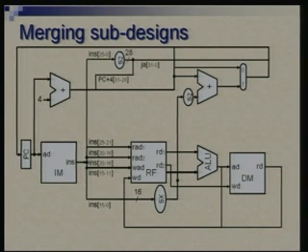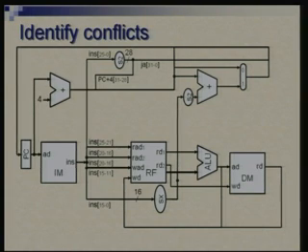So now we have everything just superimposed, and what remains now is to identify the points of conflict where we are trying to send two different things to the same point in two different situations. So, we now try to identify conflicts.